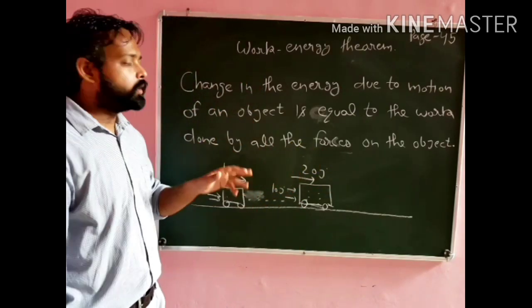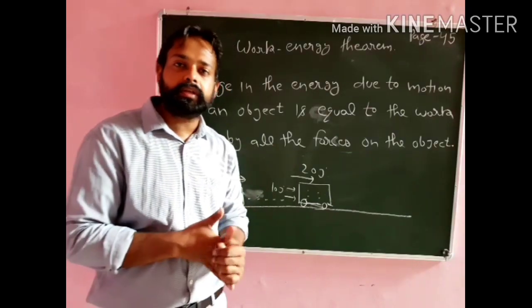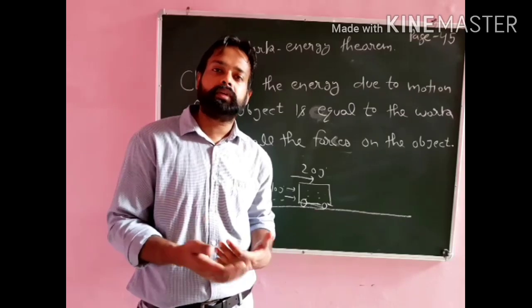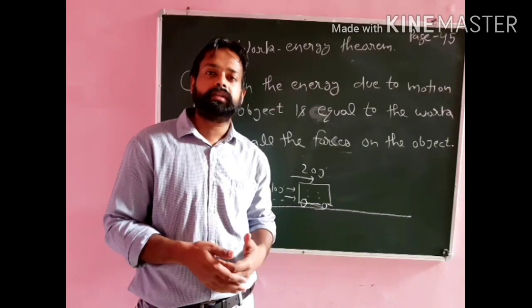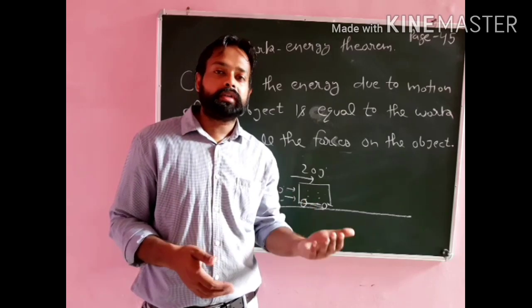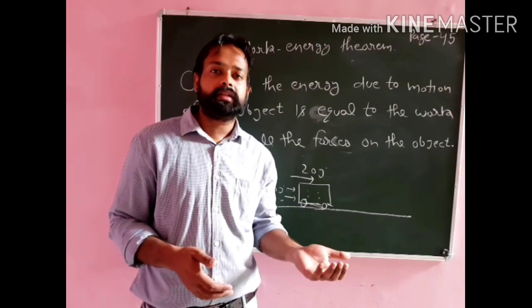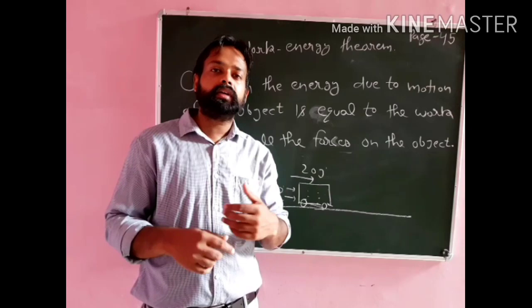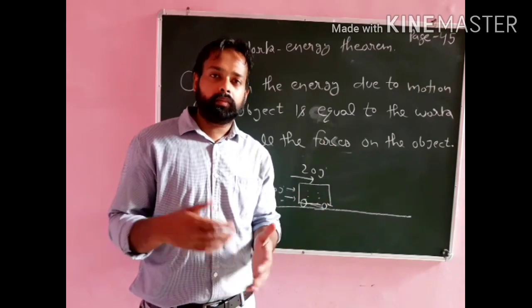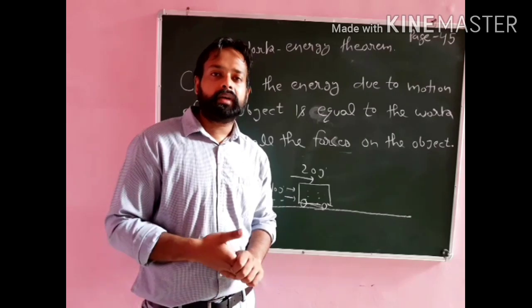Is it clear now? Two examples are given to you in your book. A boy is riding a bicycle. When he starts applying a force on it, when he starts spending energy on it, the kinetic energy of the bicycle increases. How much the kinetic energy of the bicycle increases is exactly equal to the work done by the forces applied by the boy. The same is the example of the cricketer.